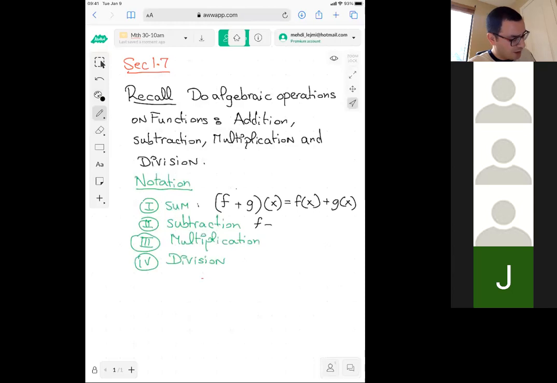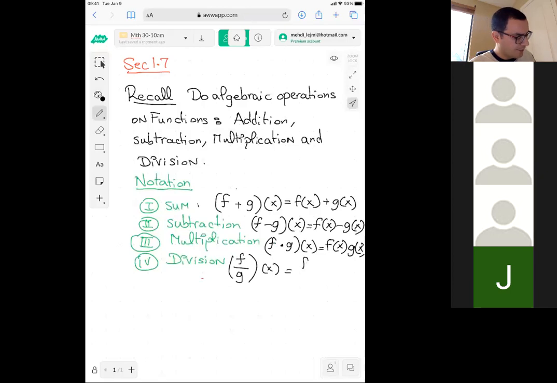Subtraction is f minus g of x, that's f of x minus g of x. Multiplication is with a dot, f dot g of x, that's f of x times g of x. And finally division, we write f over g of x, and that means f of x over g of x. So that's the notation.